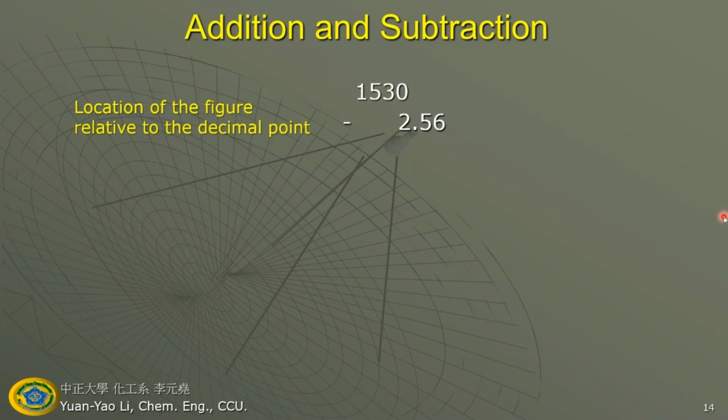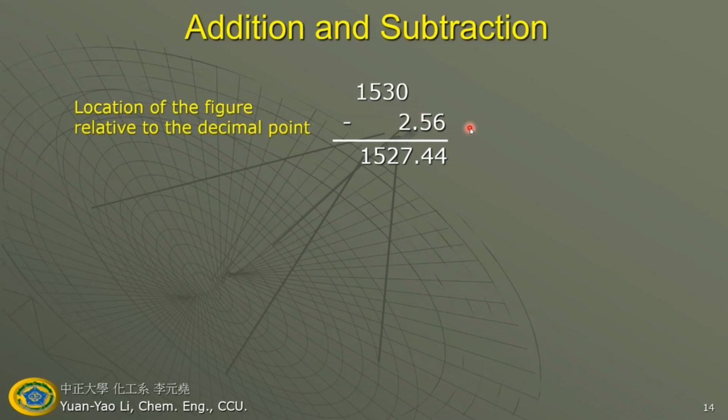So when you do the subtraction, obviously this is the number you can get. I'm sure you won't get the wrong answer. I'm sure you will get the right answer, right? But is this the final answer? No, this is not, right? Because if you think of it, you measure the weight of one object, which is this number, and you also measure the weight of another object, which is this number.